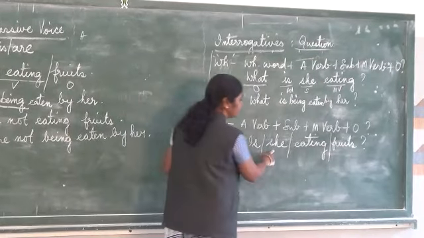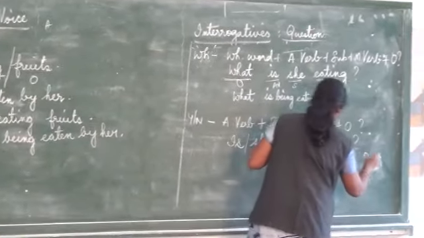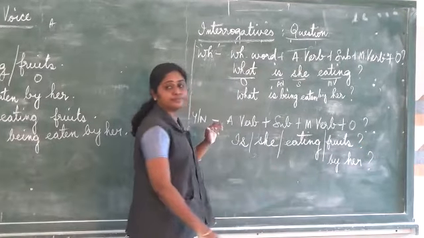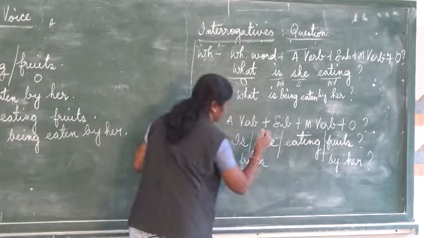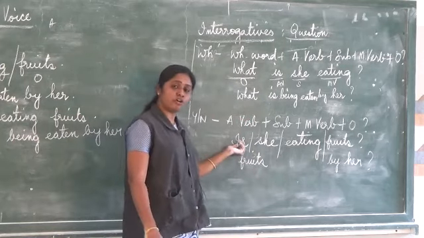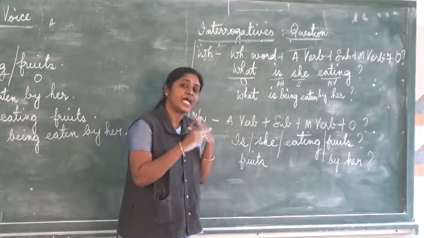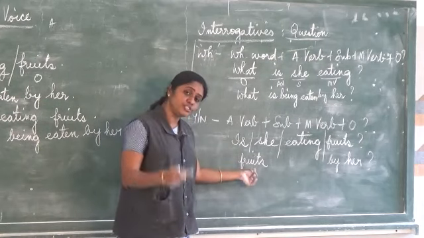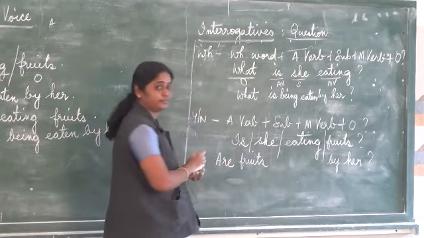Okay, so this subject again you have to take it to the last, by her. Now this fruits, bring it to the front. Again, in the place of auxiliary verb you have to replace it with an auxiliary verb. What are the three possible auxiliary verbs? Am, is, are. But fruits is plural, so you can use only are.